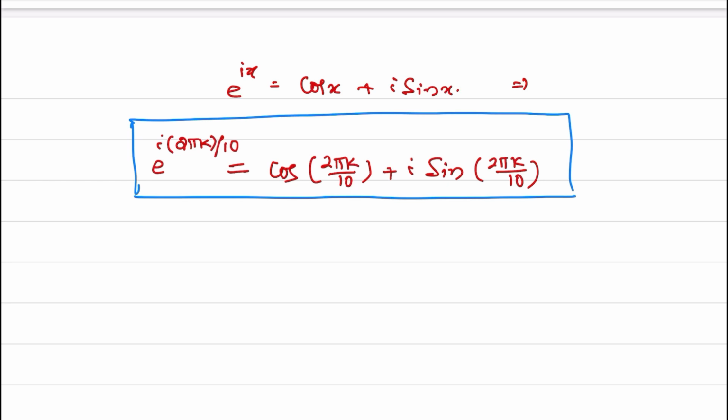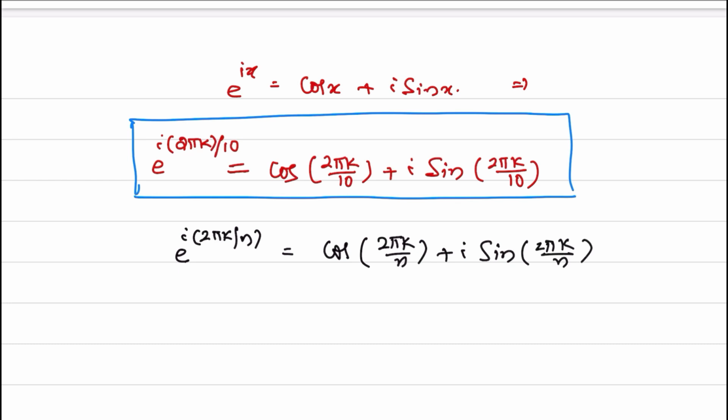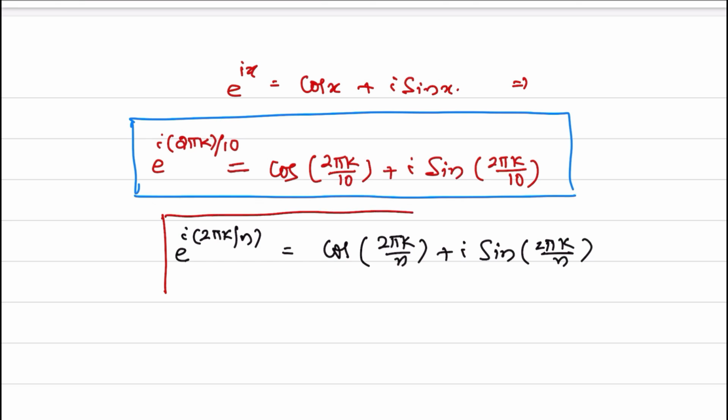In general, we can write e to the power of i into 2 pi k by n is equal to cos 2 pi k by n plus i into sin 2 pi k by n, because x is nothing but 2 pi k by n. Please remember this very, very important formula.